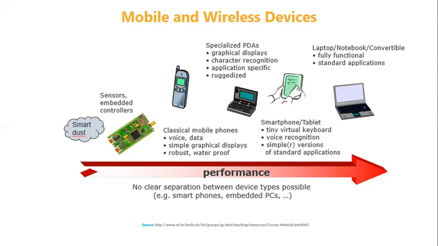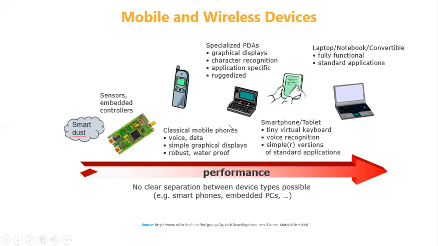And then we have the basic cell phone, the classical mobile phone, which provides basically voice and a very limited amount of data services. That also comes under mobile and wireless devices. And then we have PDAs, personal digital assistants, with graphical display and the feature of character recognition. Personal digital assistants are not laptops.